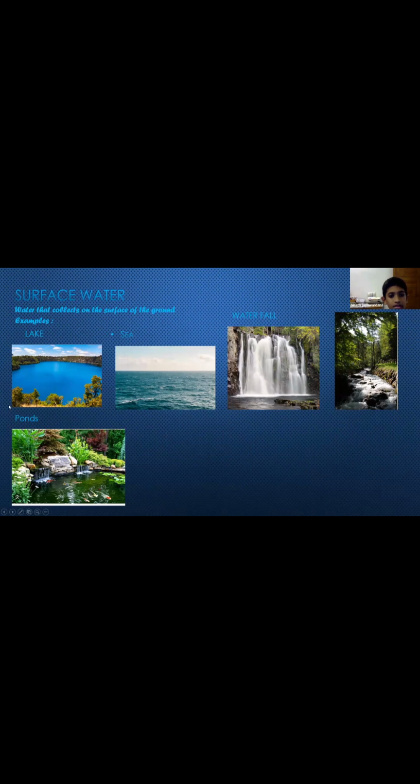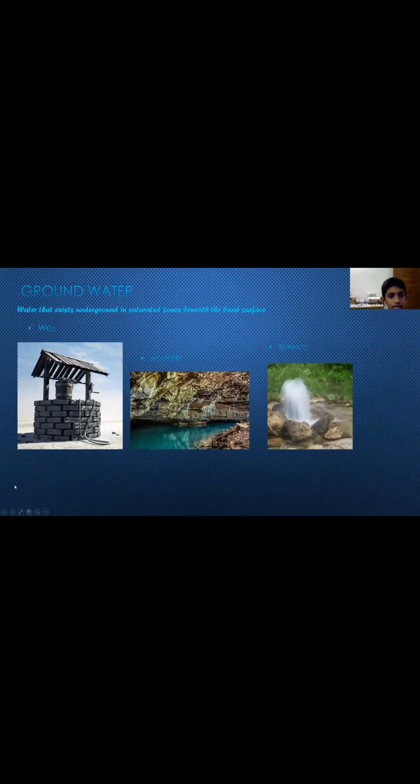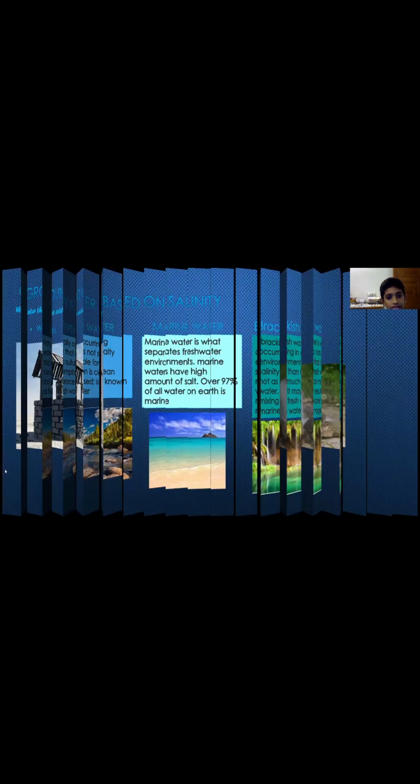Examples: lakes, seas, waterfalls, streams, ponds. Groundwater. Water that exists in saturated zones beneath the land surface. Wells, aquifers, springs. Water based on salinity. Fresh water.